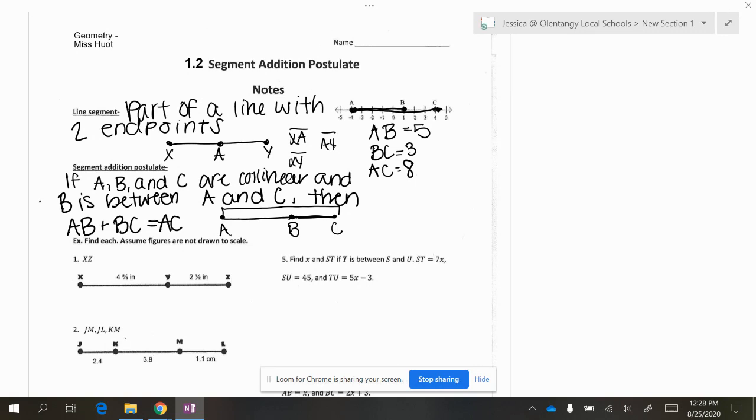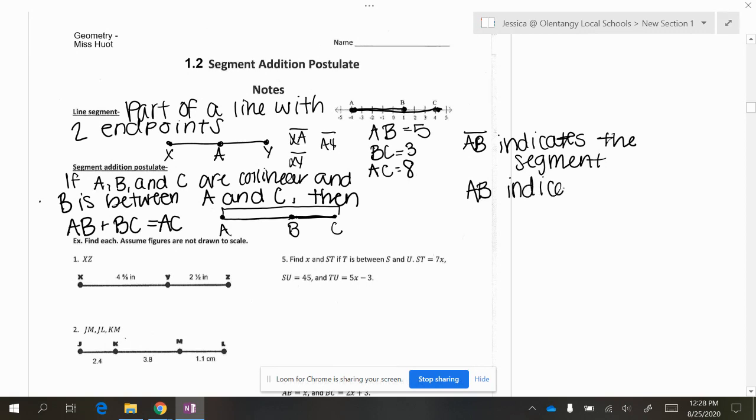One thing to note here, which is kind of part of the notation, if I reference something as AB, this indicates the actual segment, where AB with no line on top of it indicates the length.